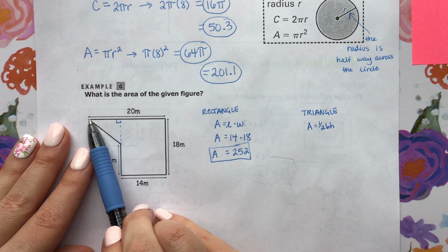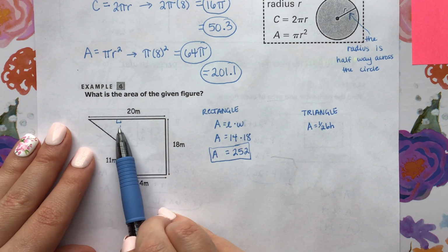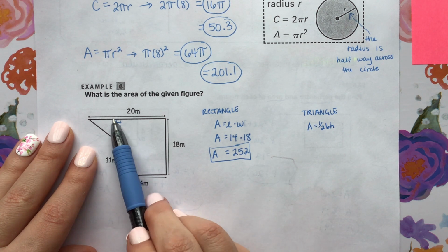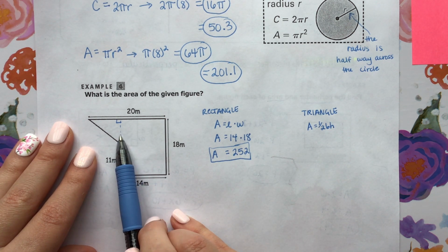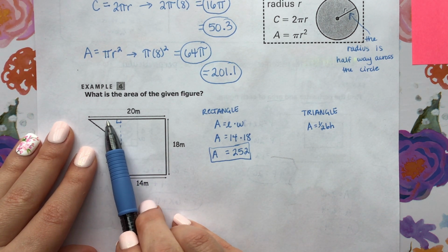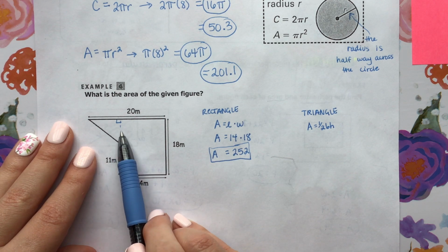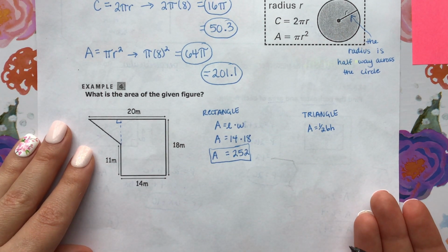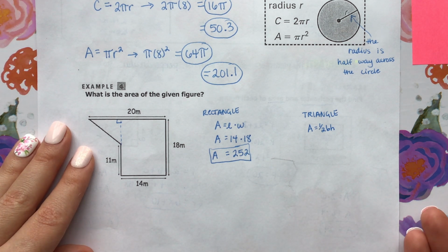I'm going to say that this part up here is my base and this part right here is my height, because these two sides are perpendicular to each other. It's okay that it seems upside down, because as long as my base and my height are perpendicular, I'll still get the right answer. Orientation does not change the area of something.